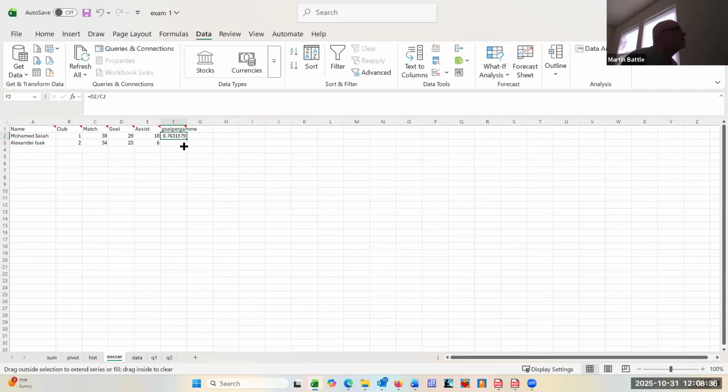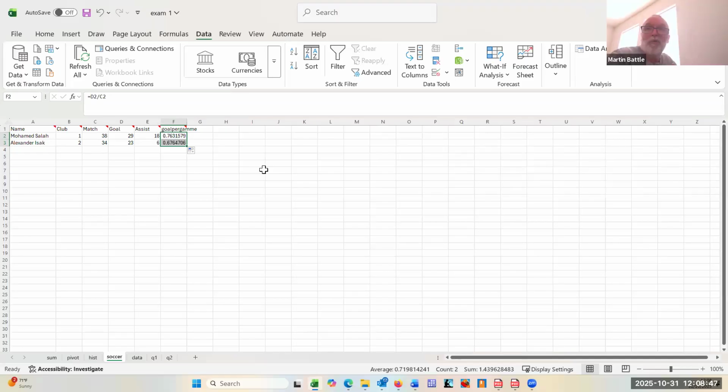So, you know, if you made this a percentage, that would be okay as long as you coded it as a percentage. But this is really, you know, Mo Salah scored basically 0.76 goals per game, right? That's what he would, if you were expecting. And Alexander Isak, you know, basically was expected to score like 2/3 of a goal a game.